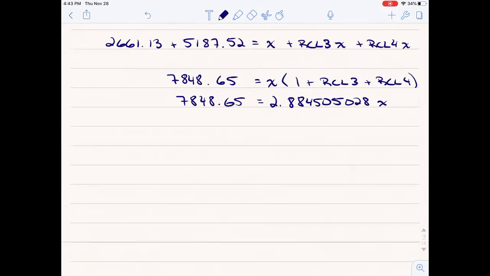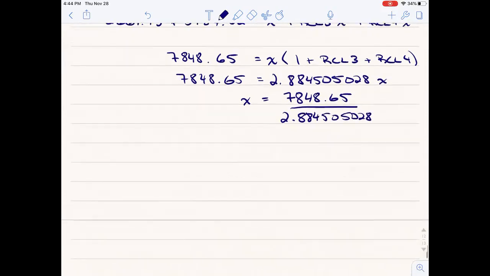Now I'm so close I can solve for x, right? Dividing both sides by 2.88, but with all decimal places. So x is 7,848.65 divided by 2.884505028.